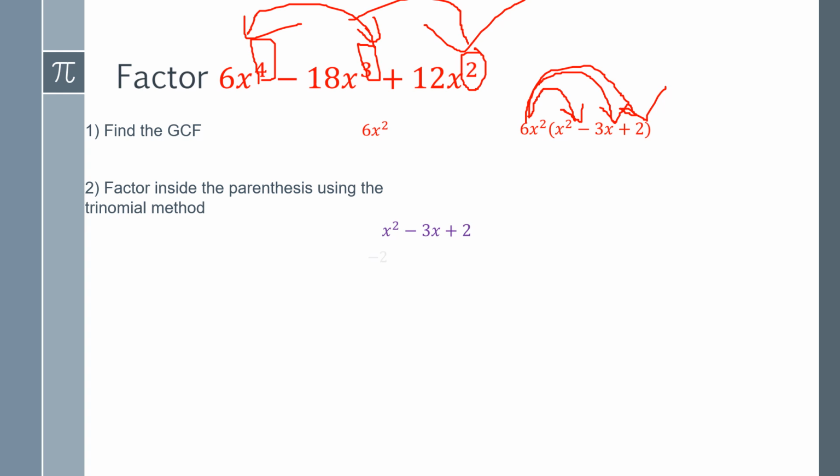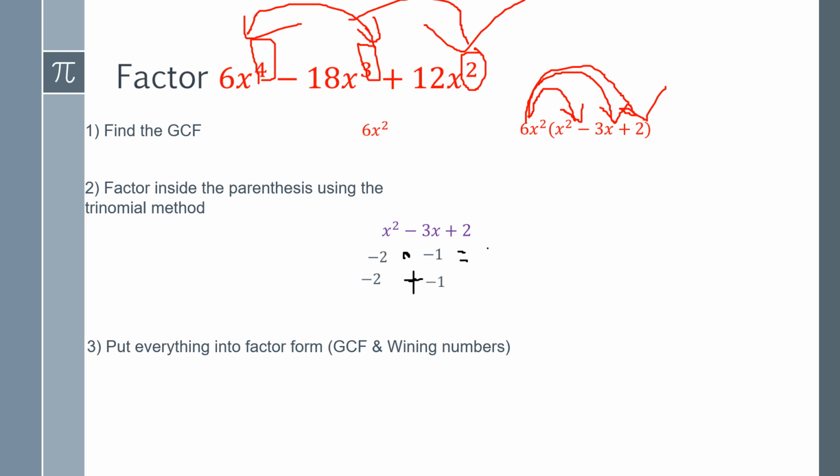And you could factor that as negative 2 times negative 1, and negative 2 plus negative 1. When you do that, they should give you positive 2 because 2 negatives make a positive.